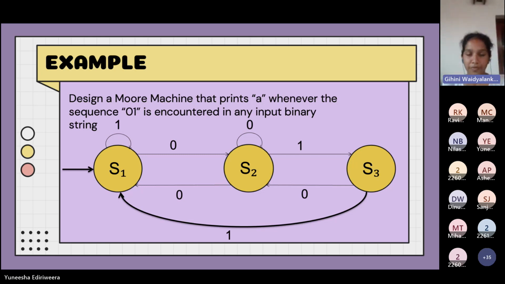Moore machines consider only the present state of the system. This means that in state S3, A should be printed because 0, 1 has been encountered when it reaches S3. So I'm representing this output along with this state. Next slide.